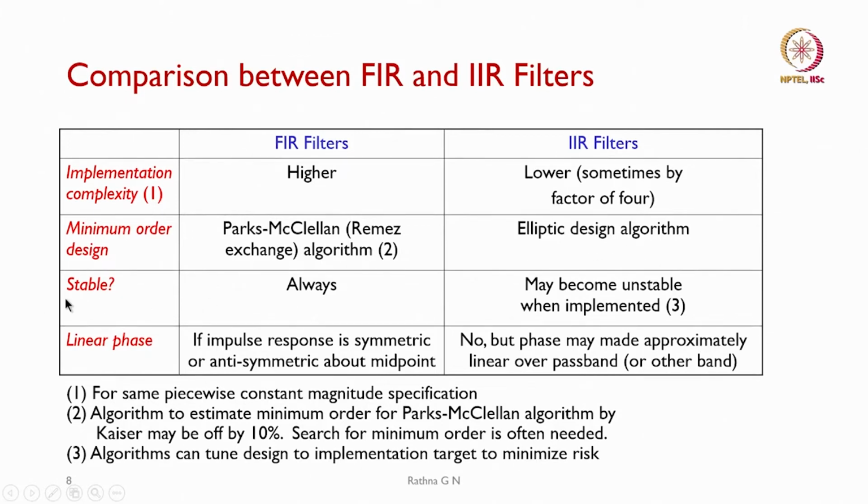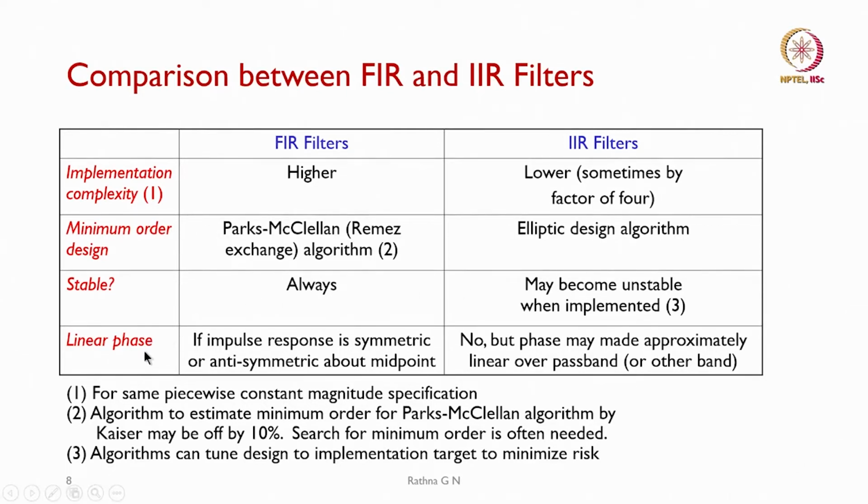Whether it is stable, when we put a question mark, we know that an FIR filter is always stable. We say that an IIR filter may become unstable when implemented. We can tune the design to the implementation target to minimize the risk of it. We have to see that all the poles are inside the unit circle, so that we get a stable filter.